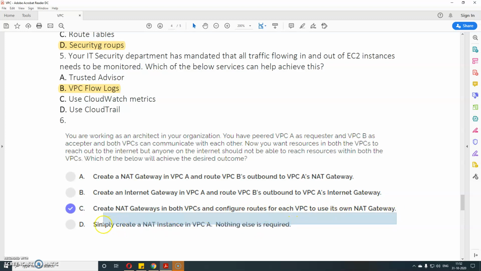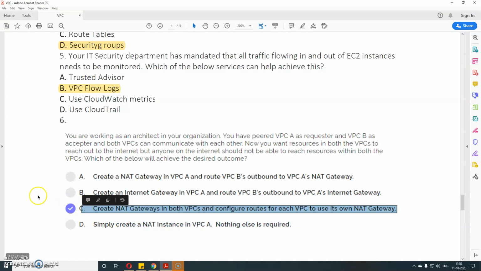So this is the correct option, because in order to access the internet in both the VPCs, you need to configure a NAT gateway in both the VPCs, and you need to update each VPC's route table. You need to add 0.0.0.0/0 pointing to the NAT gateway in that particular route table. So this is the option.